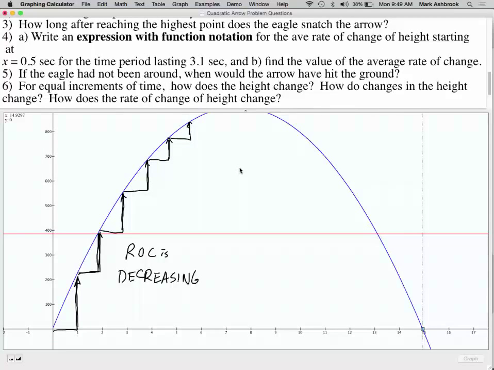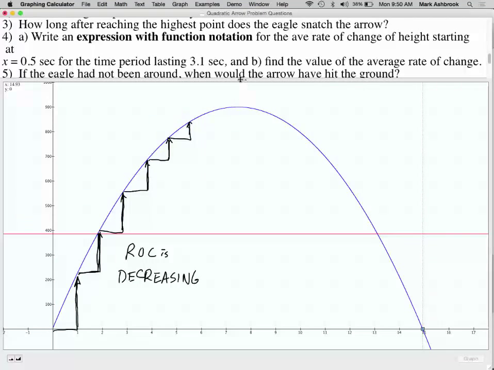Okay, and then we come to the part where the arrow is descending. In each second when the arrow is descending, the height is doing what? Decreasing. Here's an important question. Don't tune out. The changes in height, these vertical arrows, are those changes increasing or decreasing?